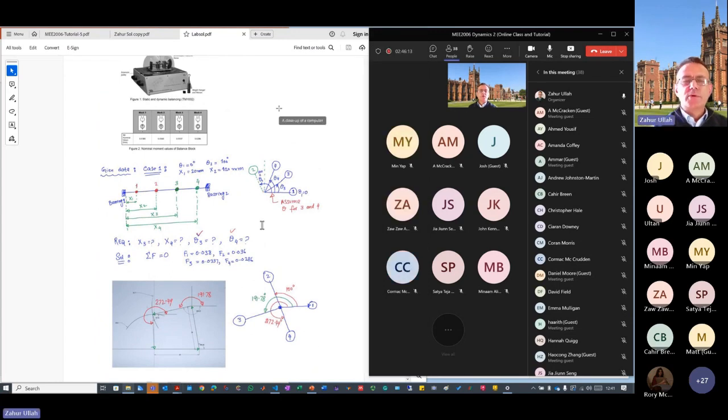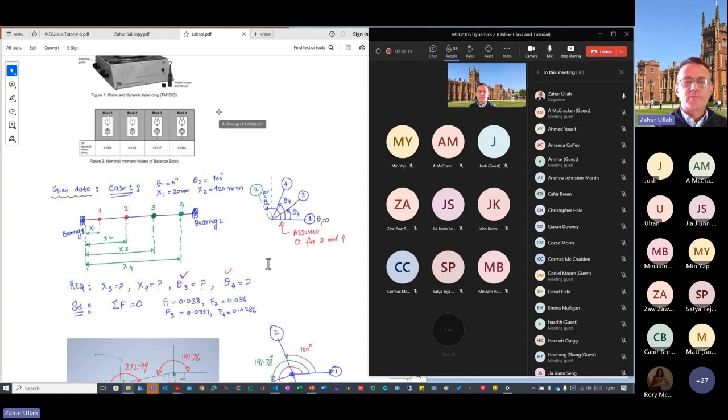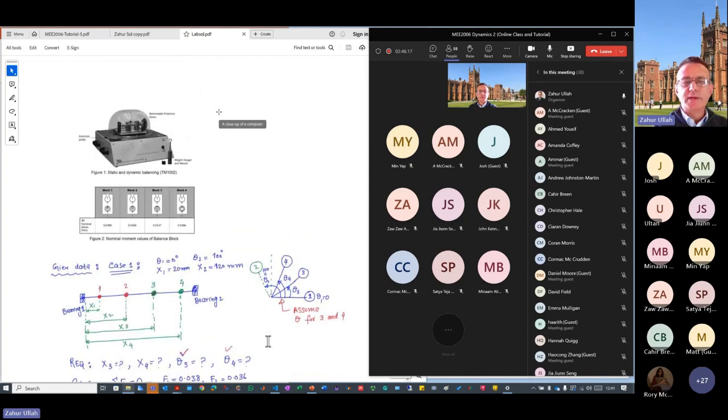Okay, so if you see here, this is basically your lab, which you will need to do, or maybe you have done it already. What you need to do is some calculation to calculate the balancing masses.